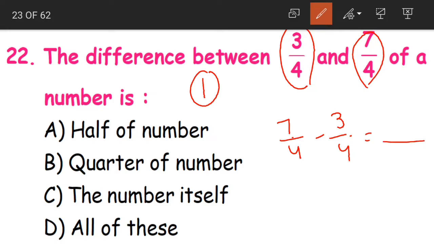How will we subtract? These two are like fractions. Do you remember? Both the fractions have the same denominator 4, so they are called like fractions. So we directly subtract the numerators: 7 minus 3 divided by the denominator 4. 7 minus 3 is equal to 4, divided by the common denominator 4. 4 by 4 is equal to what, children?